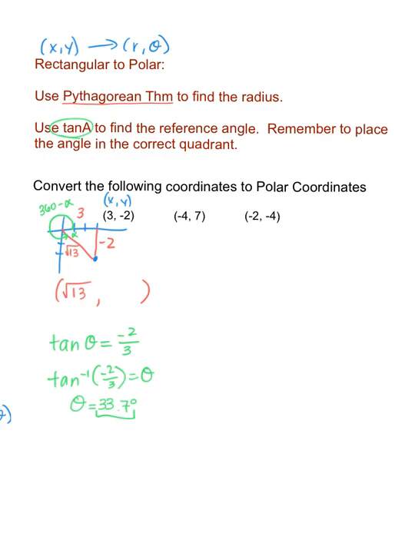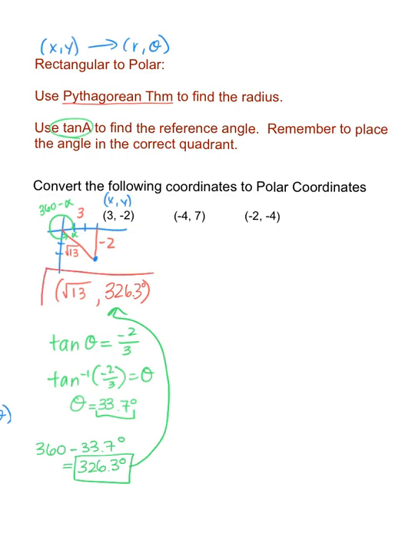I know that earlier I said that it was 360 minus 33.7. Now this answer will give me 326.3 degrees. And this is now the answer that I can plug into my final polar answer. So then this is my final polar answer for this first one.